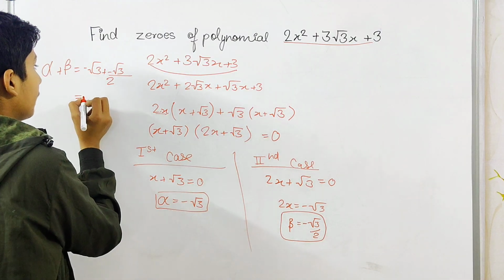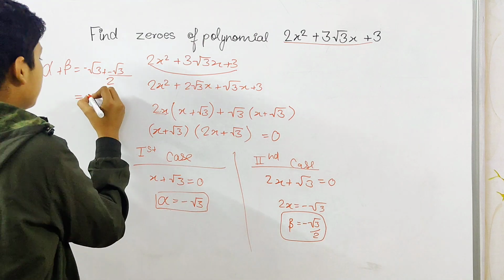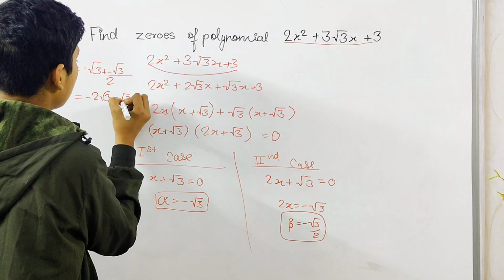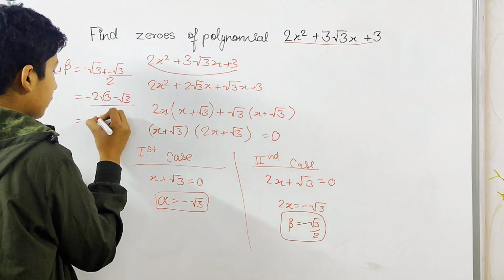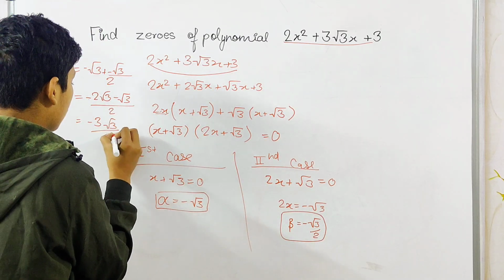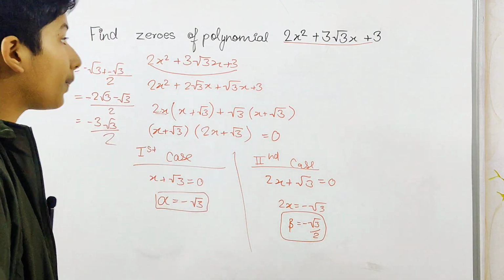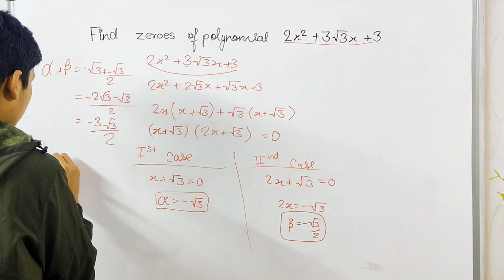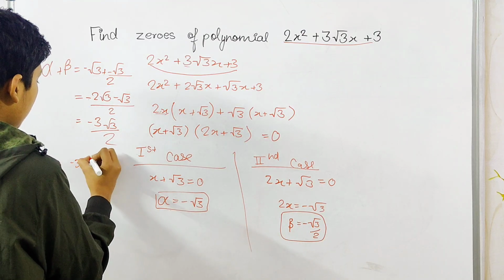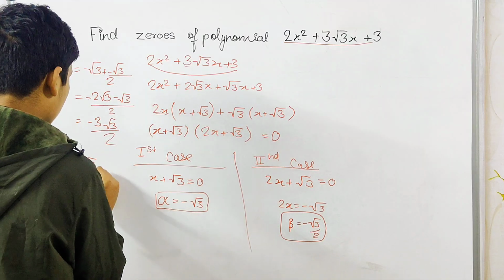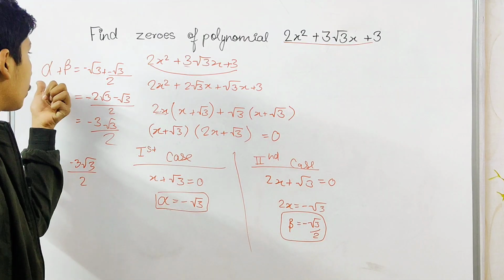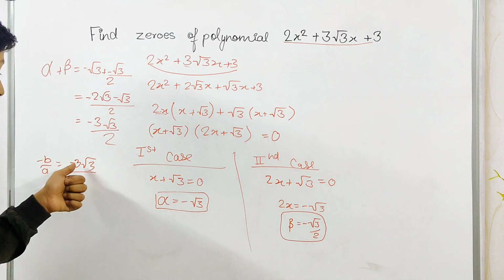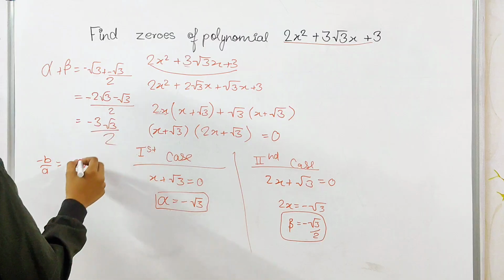So when we add this, it would be minus 2 root 3 minus root 3 upon 2, which is minus 3 root 3 upon 2. Now, if you do minus b upon a, minus b will be minus 3 root 3, minus b upon a equals minus 3 root 3 upon a is 2. So yes, these both are equal. So alpha plus beta equals minus 3 root 3 upon 2 and minus b by a equals minus 3 root 3 upon 2.